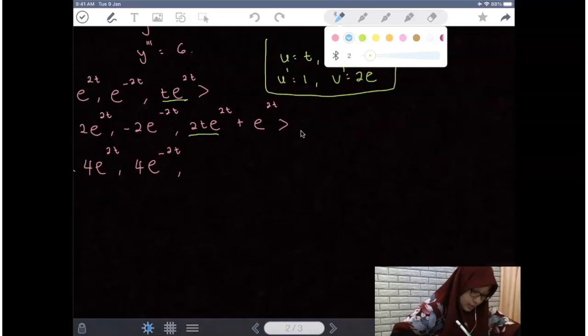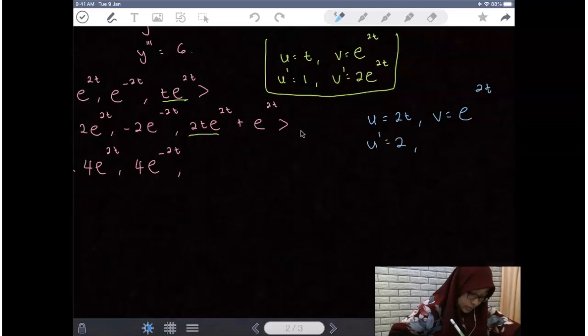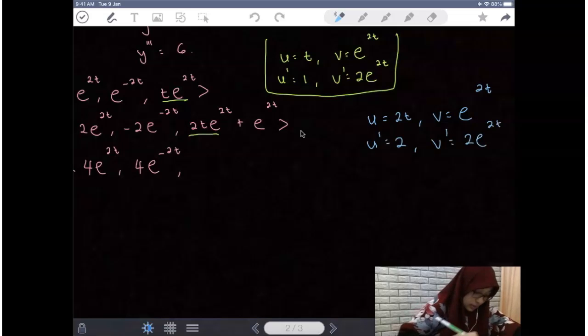We have u is 2t and v is e to the 2t, so u prime is 2, v prime is 2e to the 2t.